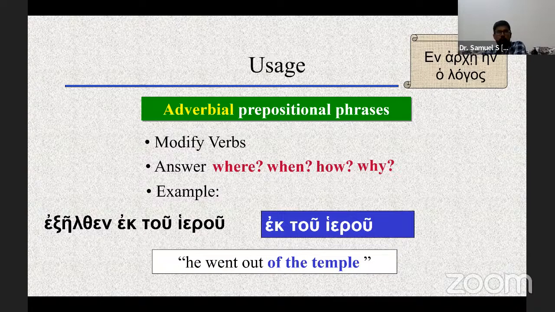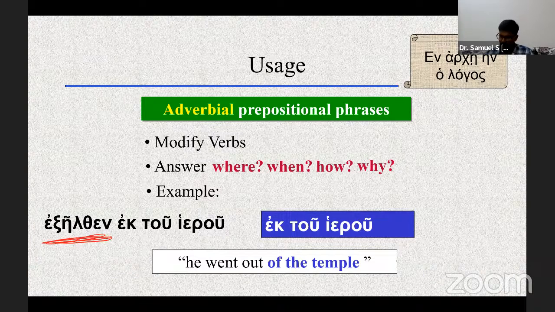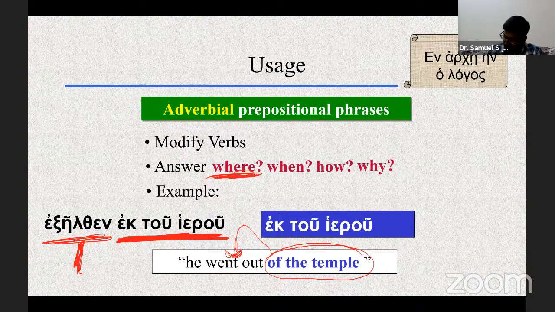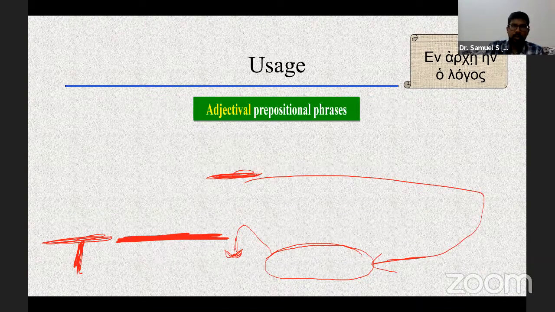Exelthen, he went out of the temple, right? So you see how this prepositional phrase is modifying the verb. He went. Where did he go from? He went out of the temple. Prepositions communicate an adverbial idea.